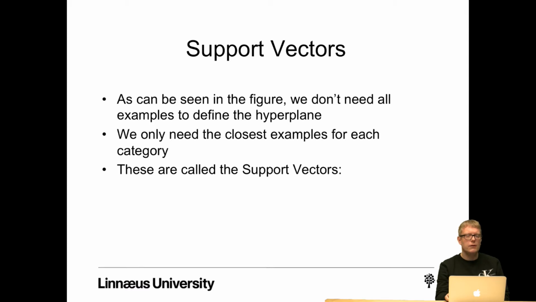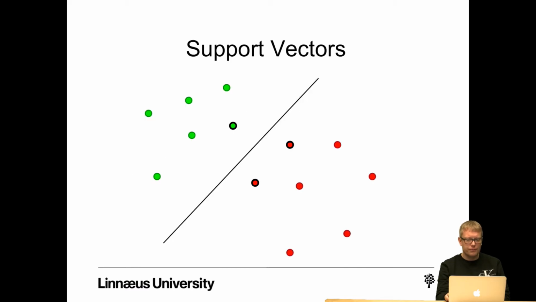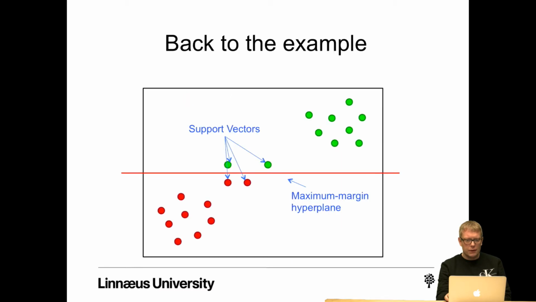And as can be seen in the figure, we don't need all examples to define the hyperplane. We only need the closest training examples for each category, and these are called the support vectors. So going back to the example, the only training examples we actually need are the ones closest to the hyperplane, one green and two red. And in the first example we need four support vectors, two green and two red, and then we can place a maximum margin hyperplane.